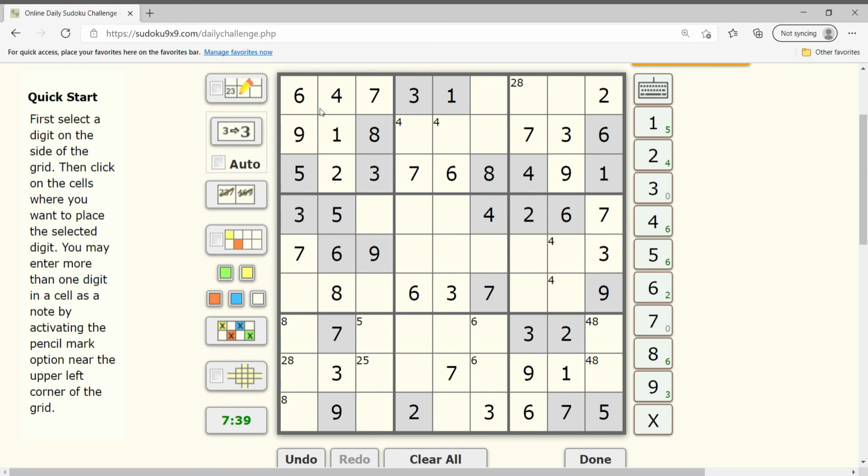Oh no. Well, so what's happening here? So we have 5, 8 over here. Okay, and the last digit in this row is, this has to be 9, right? 9.